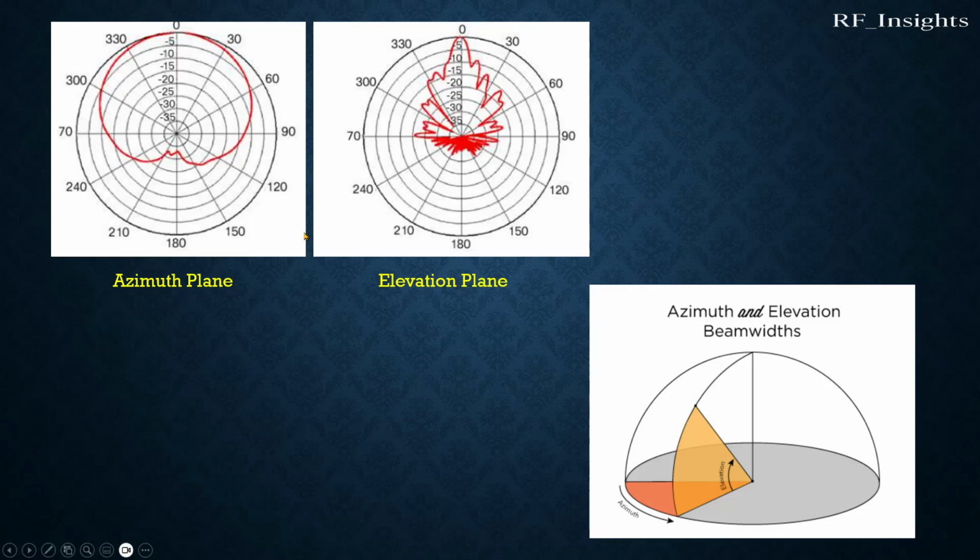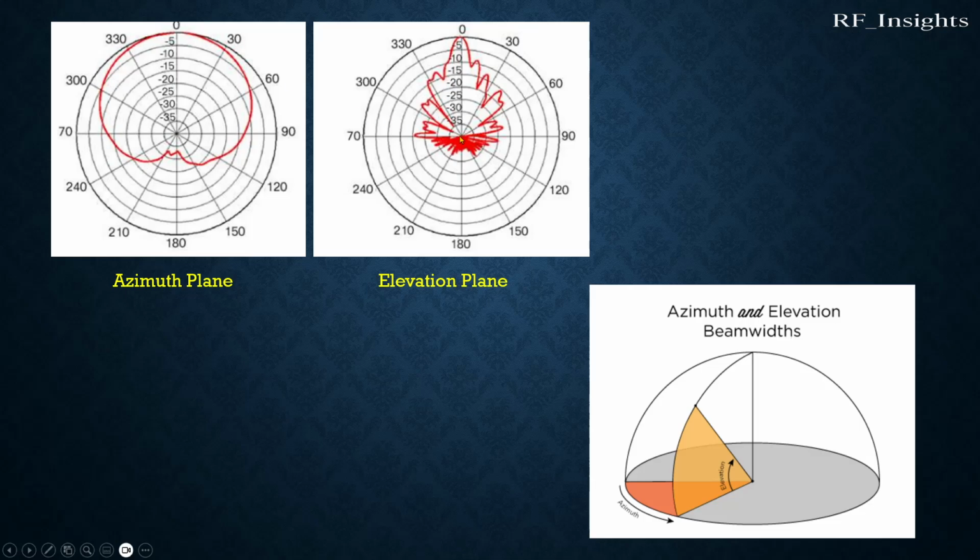Here you can see two cuts of the antenna pattern, as we talked about before: the azimuth plane cut and the elevation plane cut. The azimuth plane is when you're looking at the pattern from the top. If you're standing in the middle here and do a circular sweep around the horizon, you will get this azimuth plane cut of the antenna pattern.